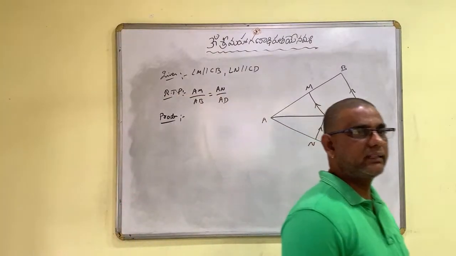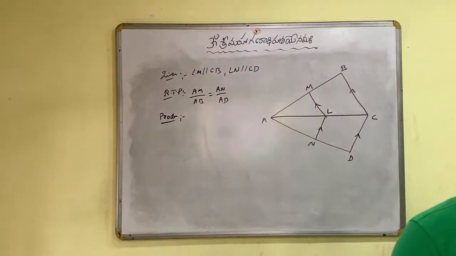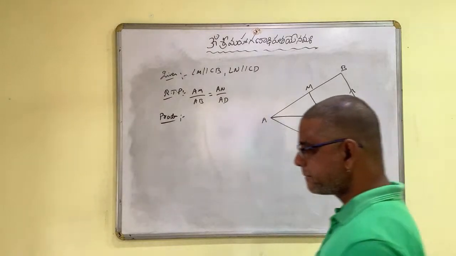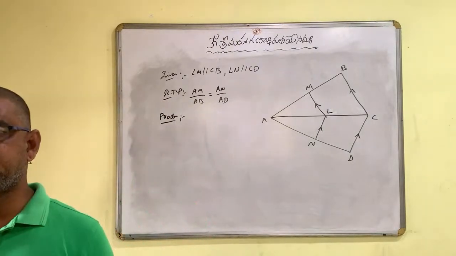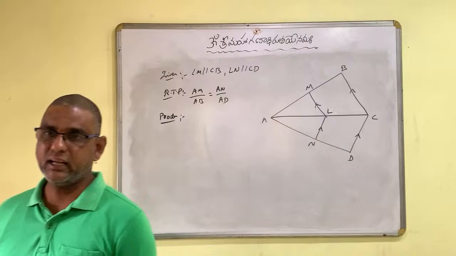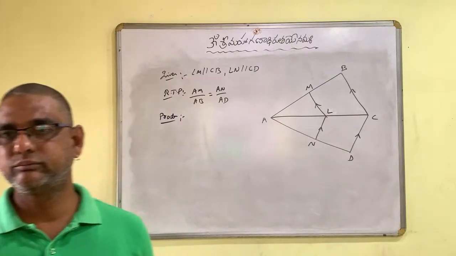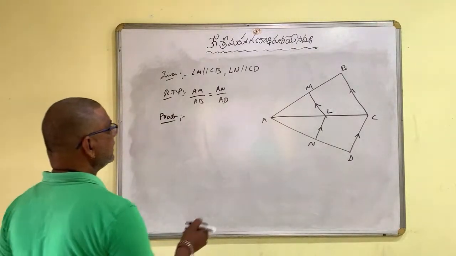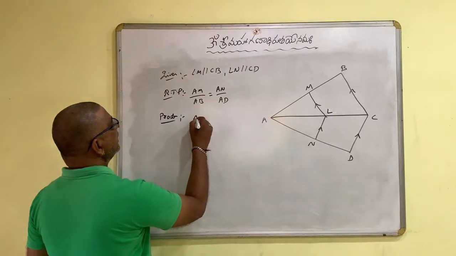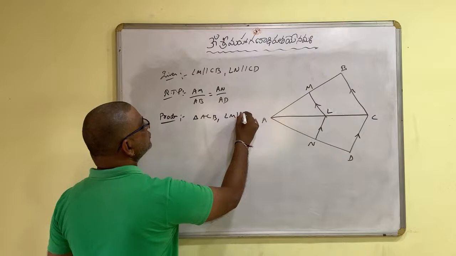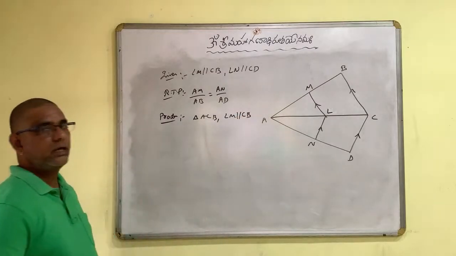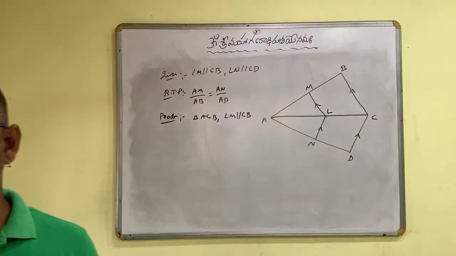Is there any triangle like that in this figure, children? Yes, triangle ACD and triangle ACB. There are two. So first we consider triangle ABC or ACB. In that LM parallel to CB.